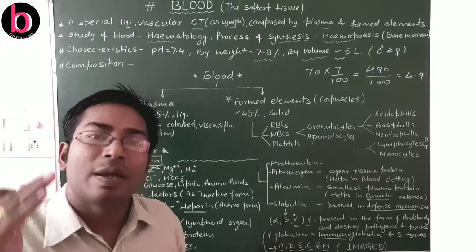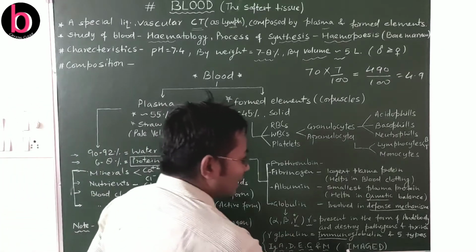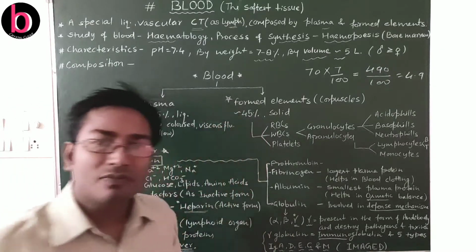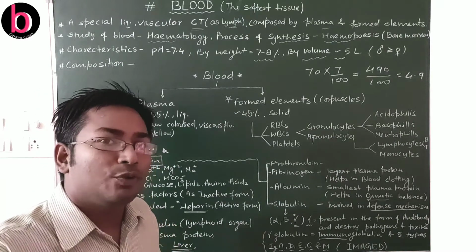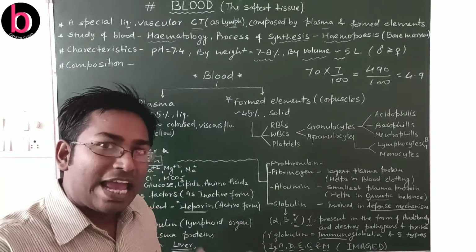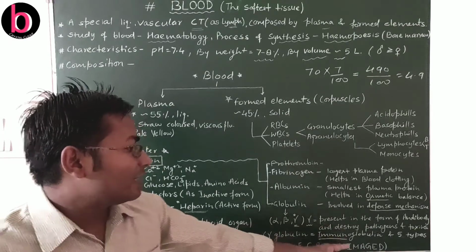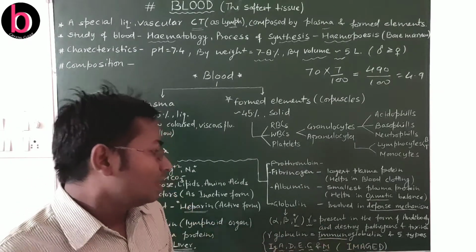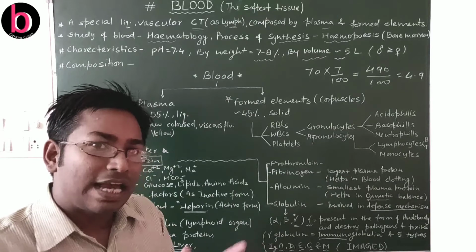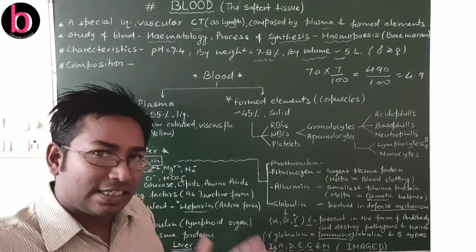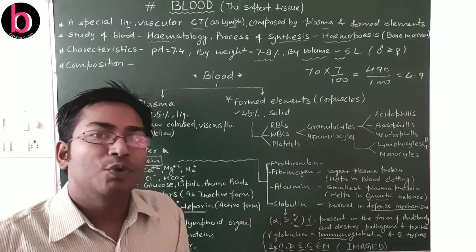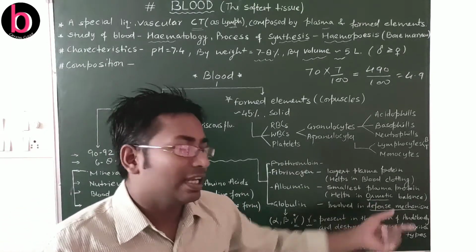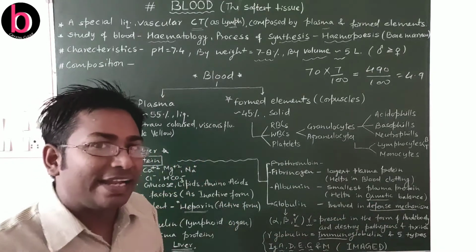How can you memorize this? The trick is IMAGED. Here I for immunoglobulin, next M for IgM, then A for IgA, G for IgG, and E for IgE and D for IgD. So these are all 5 types of immunoglobulin, or you can say 5 types of antibodies.